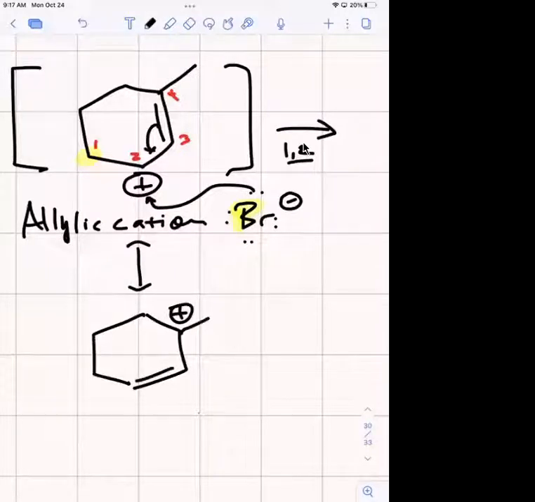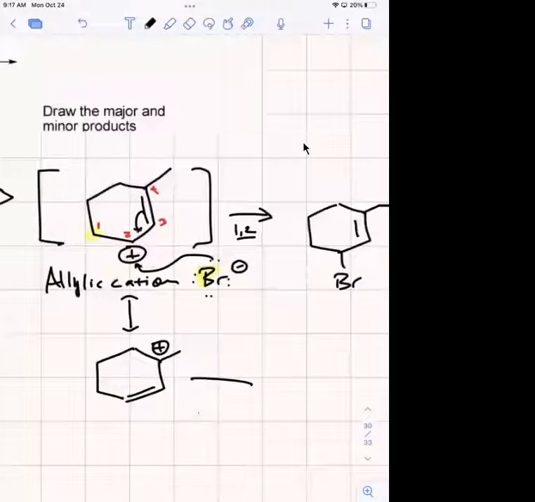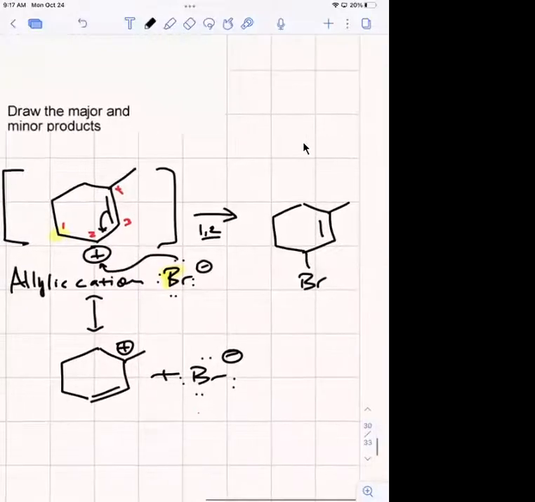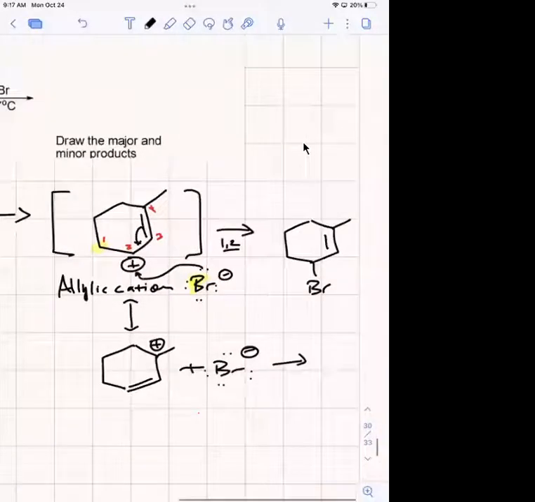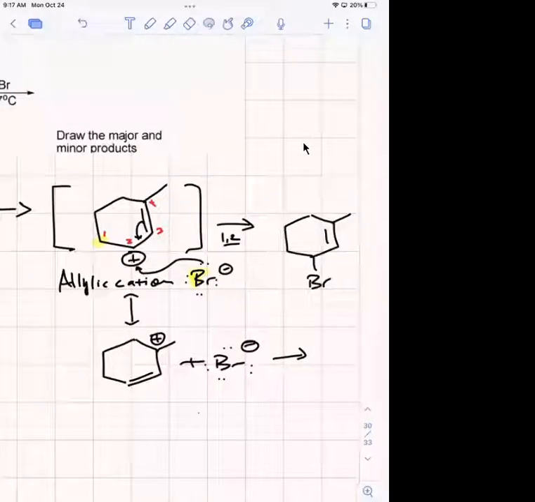Like that. And then that can react with bromine. Let me move that over some.